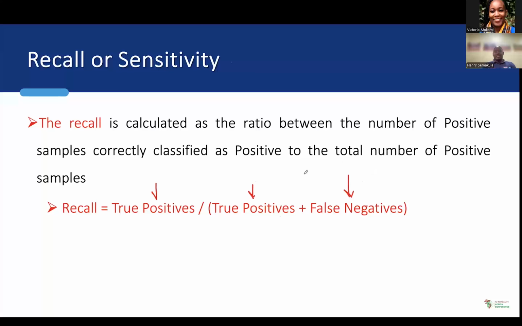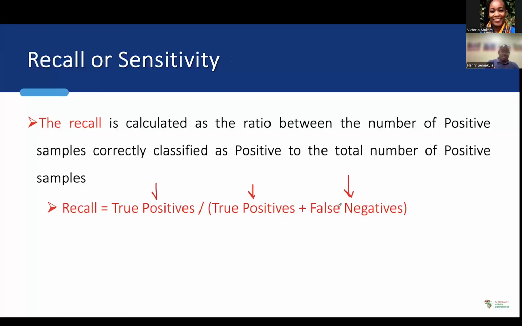Remember, these false negatives are predictions made by the model to be negative, but in actual sense they are positive. In our example, there will be patients predicted to be without cancer, but in actual sense the patients have cancer.